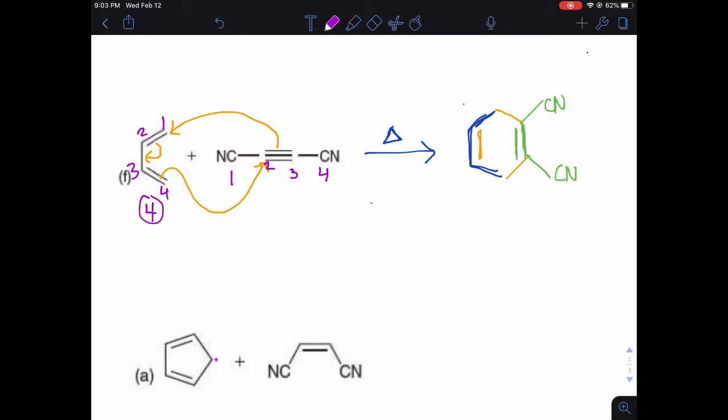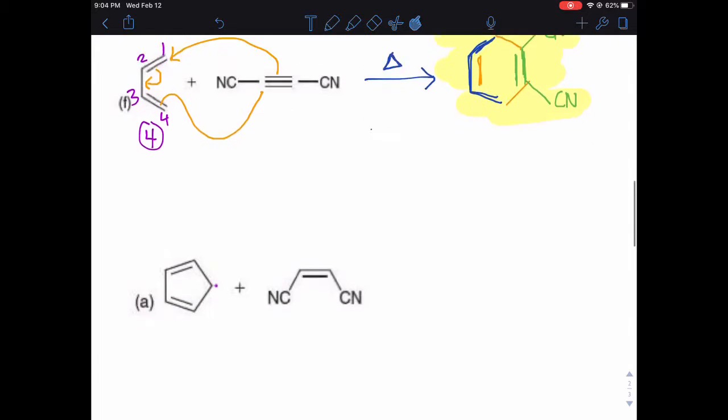So we should end up with 8 carbons in total. So we see our ring is 1, 2, 3, 4, 5, 6, right? And then 7, 8. So we do end up with the right amount of carbon. So that is correct. Okay, and as you can see, the product does have a 6-membered ring in it. So this is our final product.